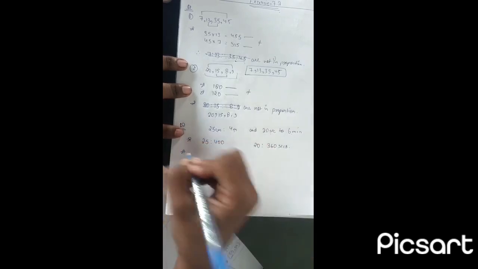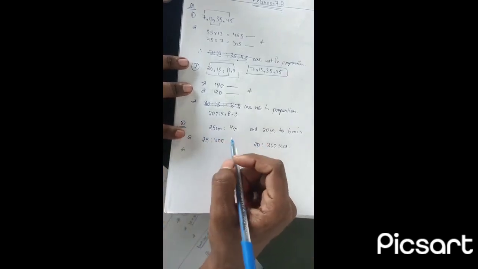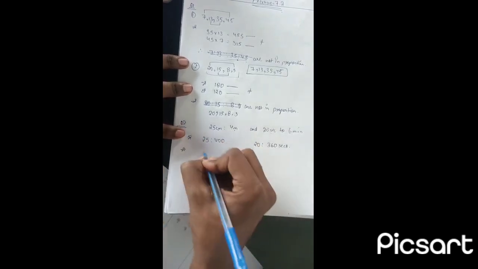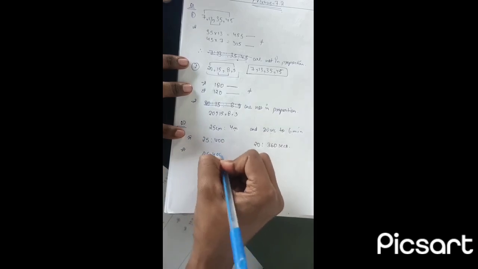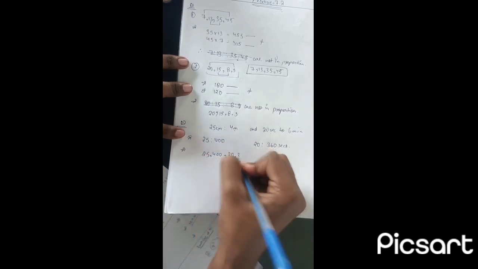Now we have 25 comma 400 comma 20 comma 360.